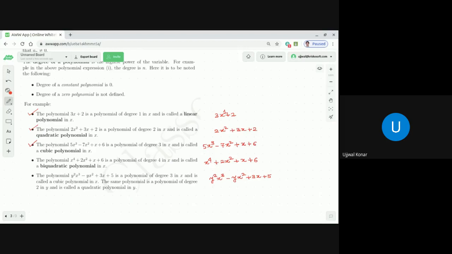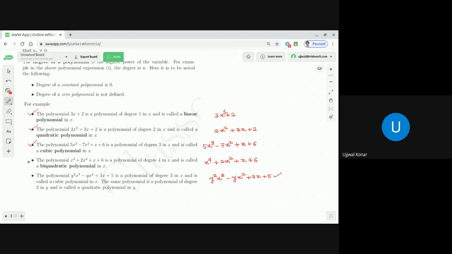So the same expression, which involves both x and y, we can define as a polynomial in x and a polynomial in y also. When we say it is a polynomial in x, we should consider the maximum power of x, which is 3. So we can say this is a polynomial in x of degree 3. At the same time, we can say it is a polynomial in the variable y with degree 2, because the maximum power of y is 2 here.